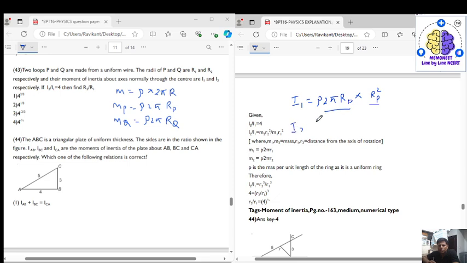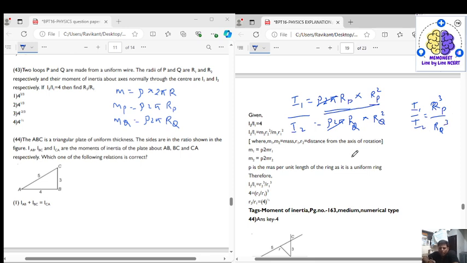Similarly, I2 will be equals to rho into 2 pi rq into rq square. So dividing these, what we get, this cancels out. We get I1 upon I2 is equals to rp cube upon rq cube.